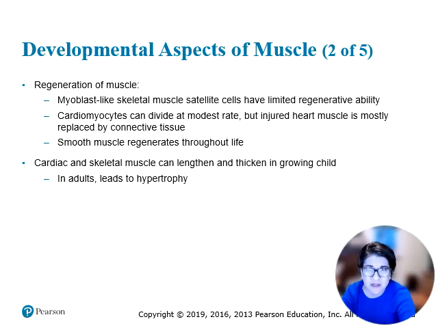Cardiomyocytes can regenerate a little better, but usually when you have a heart attack, the cardiac muscle that's destroyed is replaced by connective tissue, and that's why heart attacks can be so damaging. And then smooth muscle can regenerate pretty well. Cardiac and skeletal muscle thickens in a child, and then when you get older, it can thicken even more.